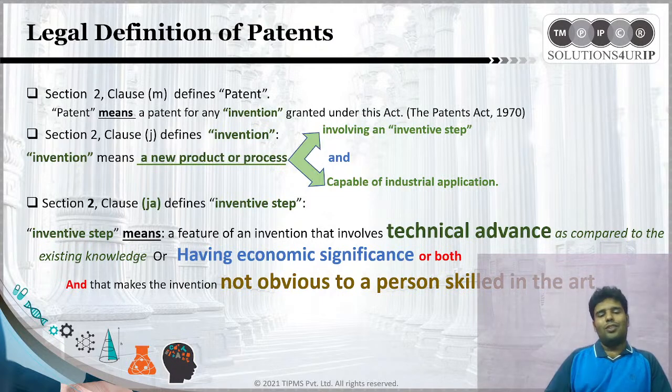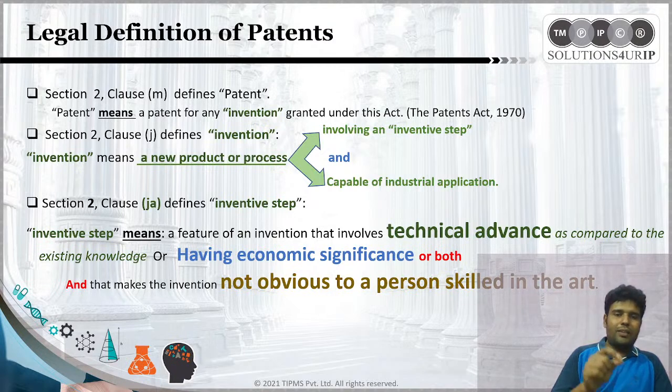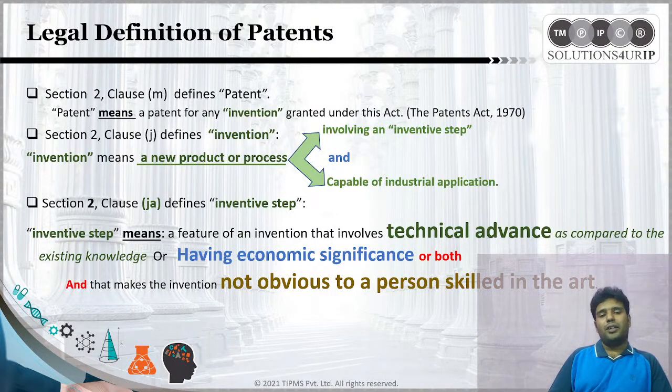Okay, so again let us come back. Patent means a patent for any invention granted under this Act. It is defined in section 2(1)(m). Then, since invention is mentioned in 2(1)(m), let us see what invention means. Invention means a new product or process involving an inventive step and capable of industrial application.